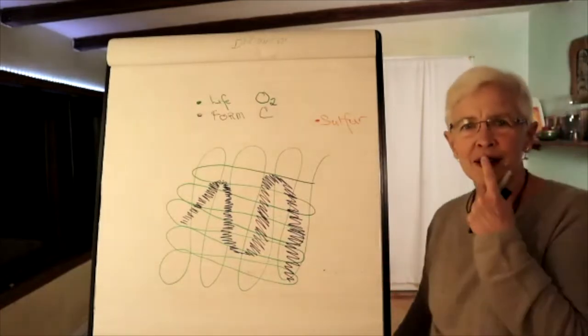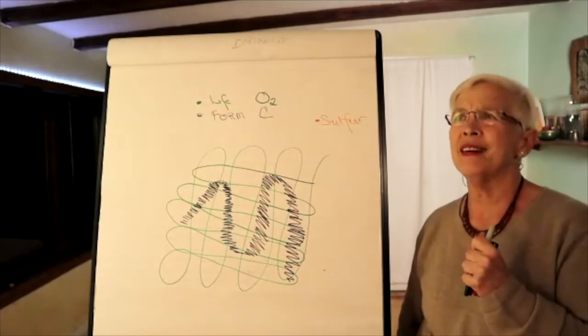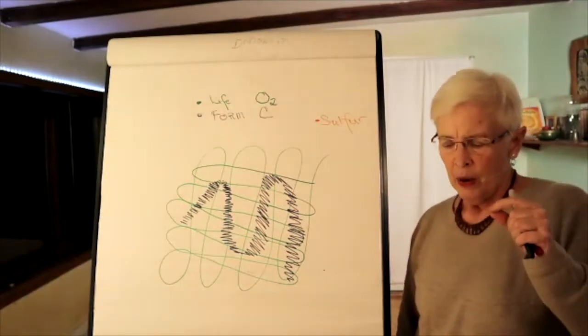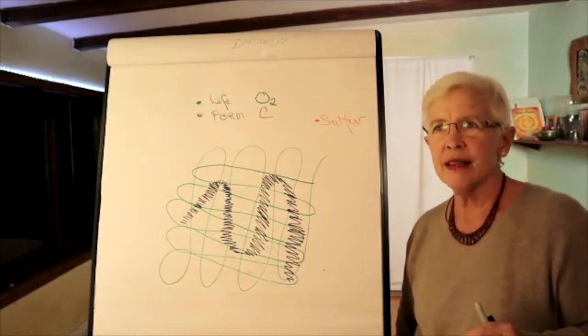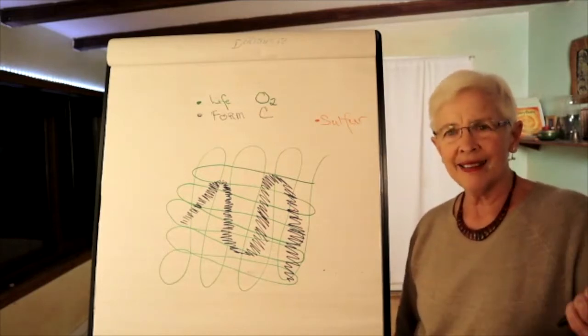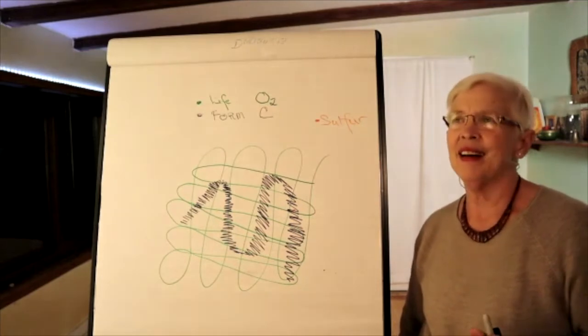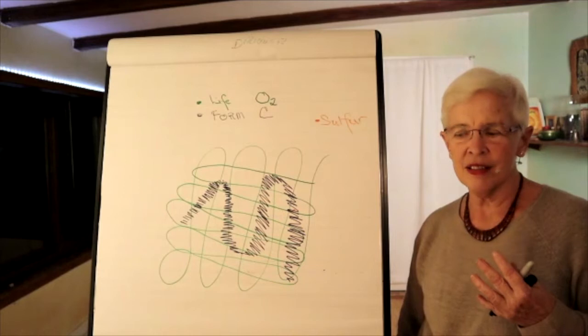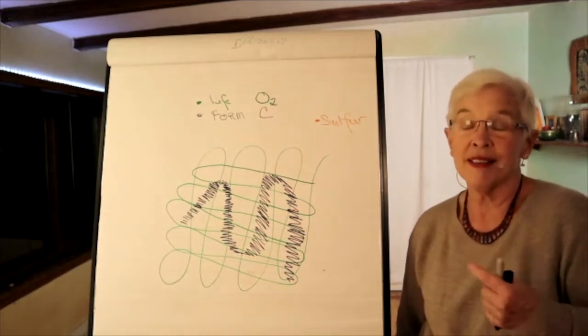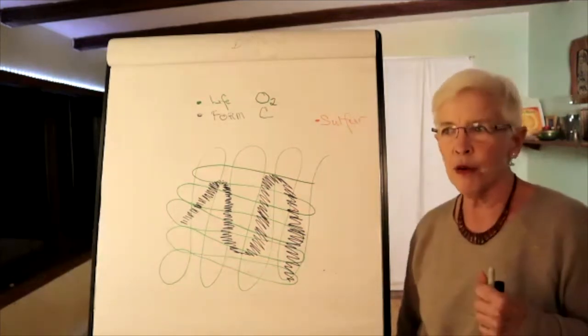Now, Rudolf Steiner says something so interesting there, that the oxygen in our bodies is alive, but the oxygen outside of us is not alive. He said, if we were in a room full of living oxygen, we would perish or pass out, essentially. It would overwhelm us.